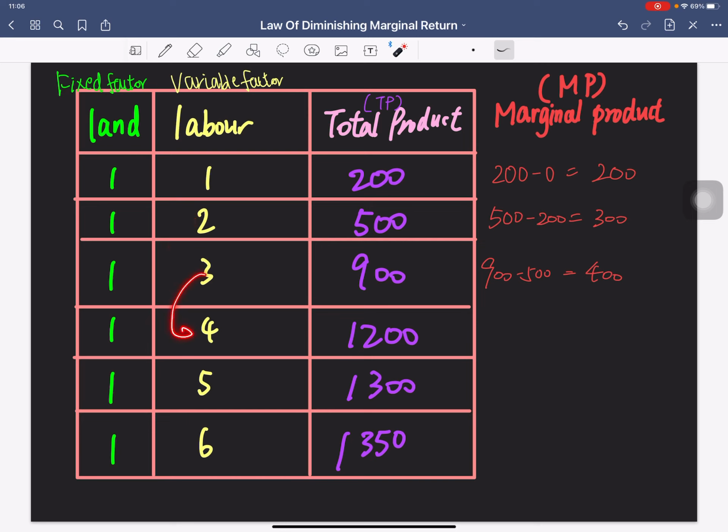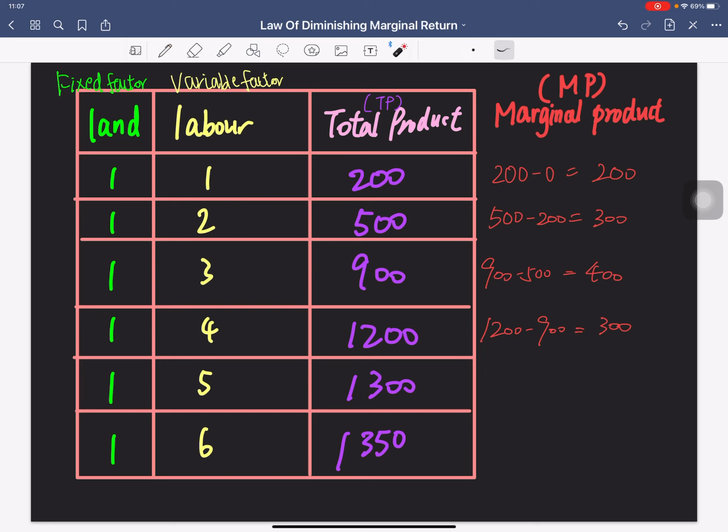Similarly, from 3 to 4, the total output is going to increase from 900 to 1,200. So we use this one minus this one, and then we have 300 as our marginal product.